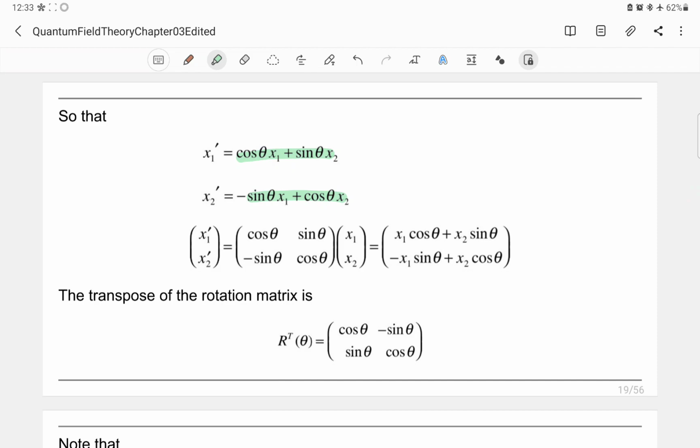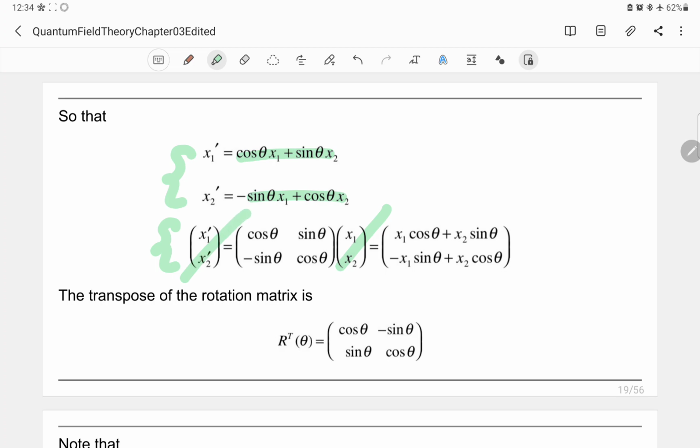So you can write the rotation matrix if you decompose these two equations here into this one. By decomposing, I mean that you separate this vector x1, x2, rewriting it in terms of a matrix to x1 prime and x2 prime.